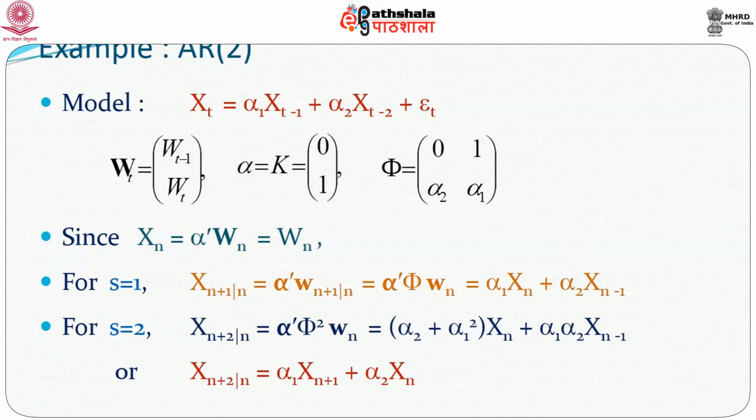In this case, of course, x_{n+1} has to be the predicted value of x_{n+1}. So we can write x_{n+2} given n as alpha_1 times the predicted value of x_{n+1} plus alpha_2 into x_n. So that is how we can do the prediction for the AR(2) and for a general state space model.